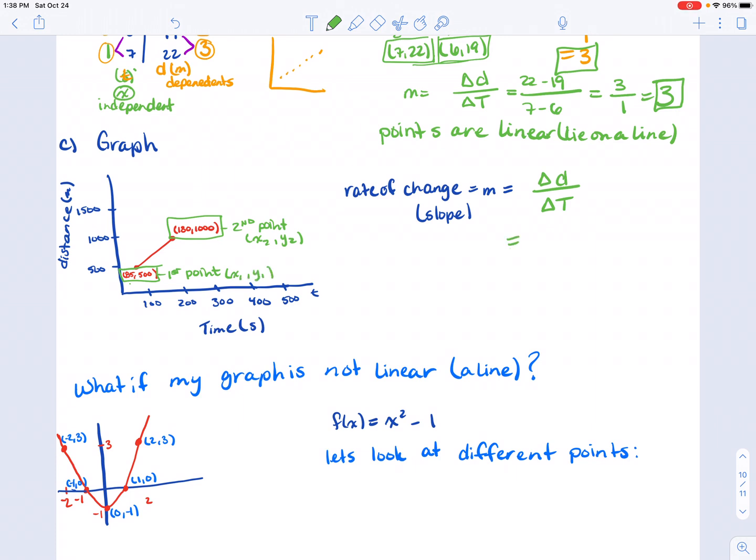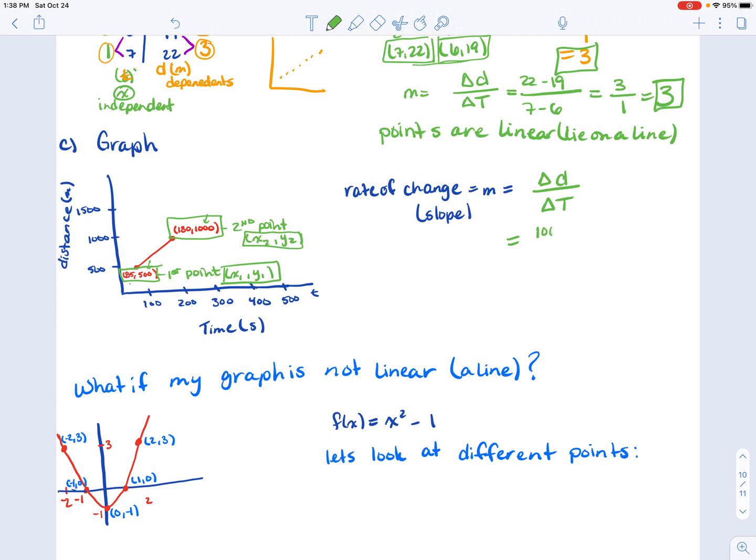So my change in the d's, I relate it to x2, y2 just because of the general formula, so you can relate which ones are going to go on the top.